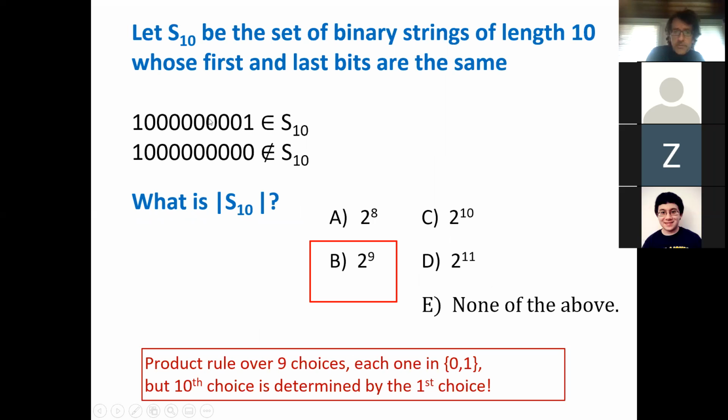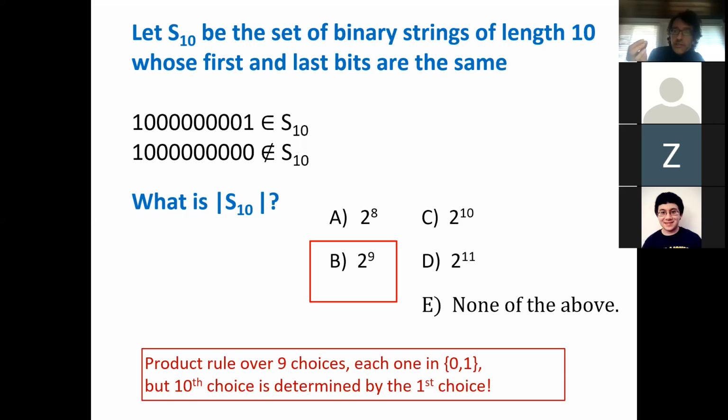The bijection is simple. You take a 9-digit string and you create a 10-digit string. How? By copying the first digit and attaching it at the end. It's a function that maps 9-digit strings into 10-digit strings. Okay, check. The domain and range at least check out.